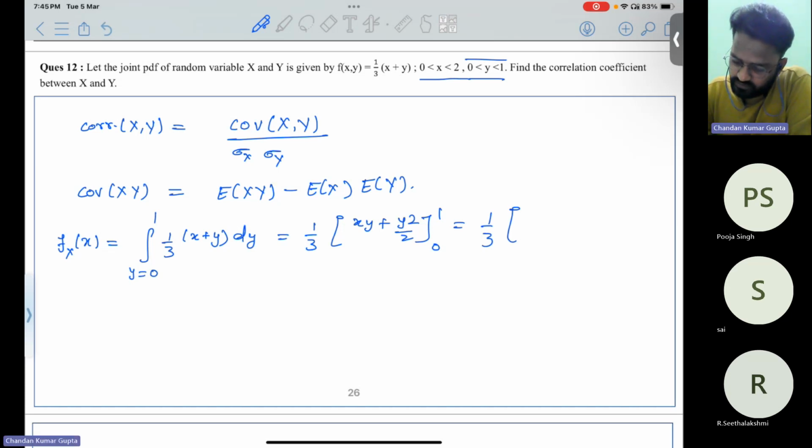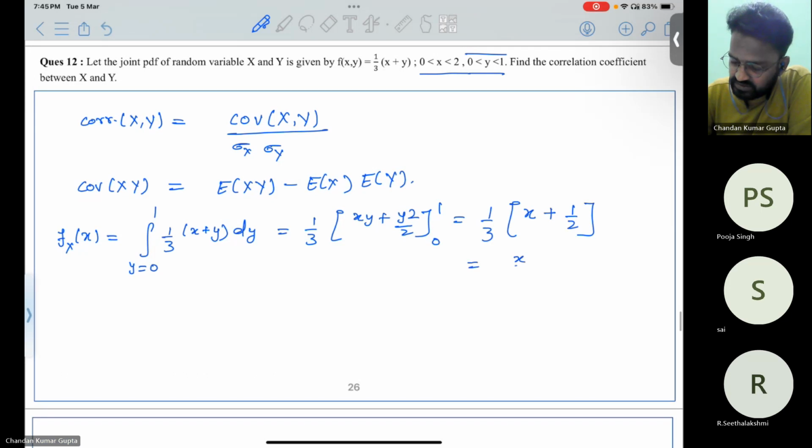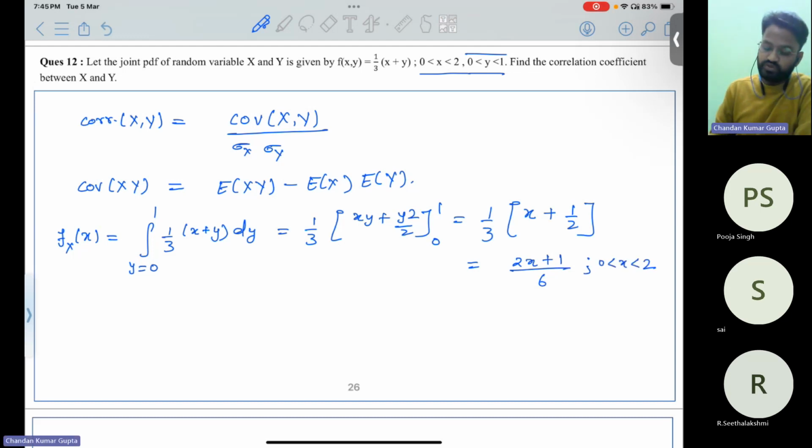Putting the value of y, it is 1 by 3 (x plus 1 by 2). Or we can simplify it like this, x by 3 plus 1 by 6, that means (2x plus 1) by 6, for x equal to 0 to 2.